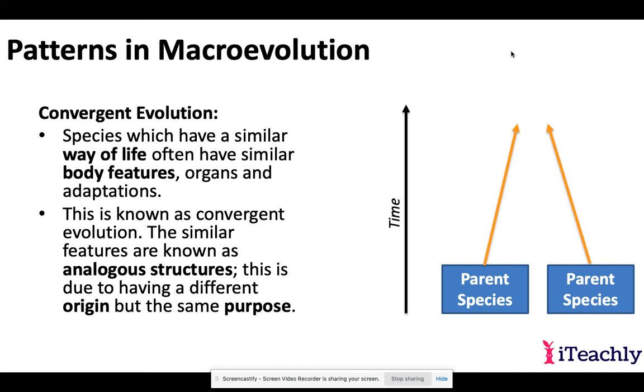So think of the wing of an insect and the wing of a bat. Those structures are made much differently and look completely different. However, they have the same function. So this would be an example of convergent evolution with analogous structures.